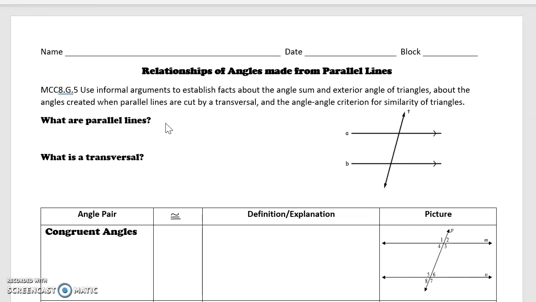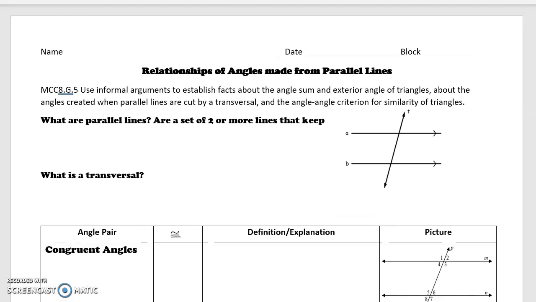All right, parallel lines. Parallel lines are a set of two or more lines that keep the same distance apart from each other.